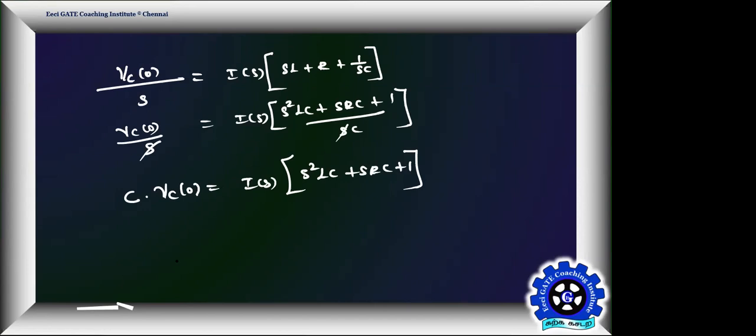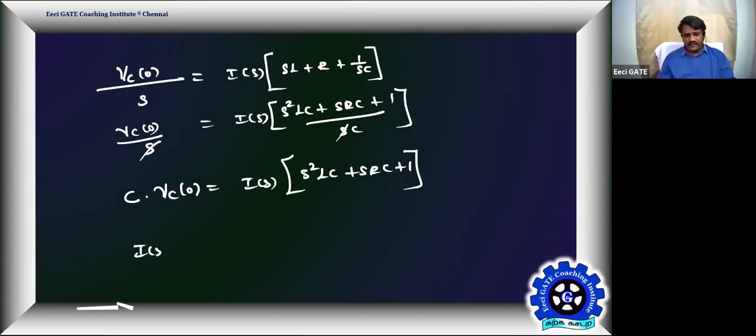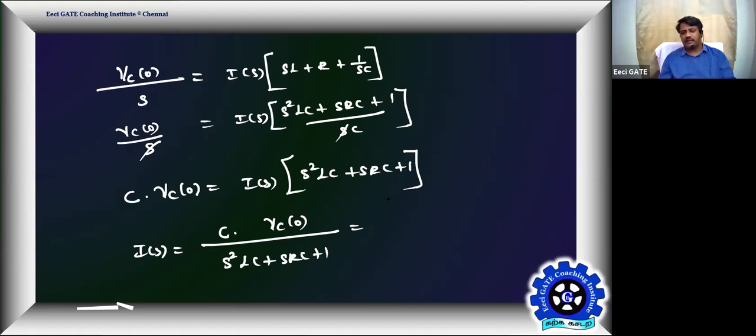So I(s) will be equal to C·VC(0), that's the initial voltage, divided by s²LC plus sRC plus 1, which can be written by taking LC out.